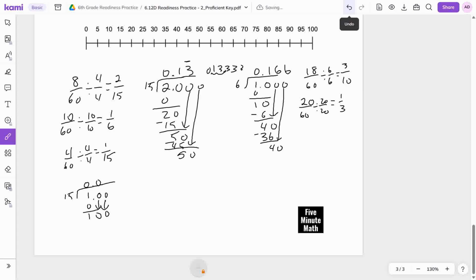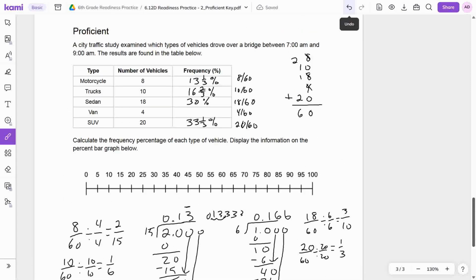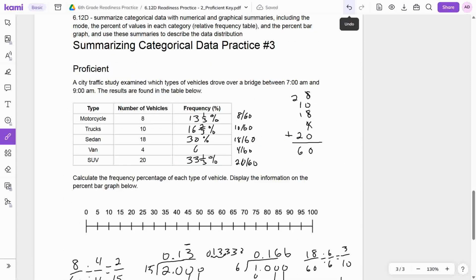Let's see, 6 is going to be 90. So that's going to be 90. And then here's my repeating. It's just going to be 6, 6, 6 forever. So if I move my decimal over twice, it's 6 and 0.66666, or 6 and 2/3.